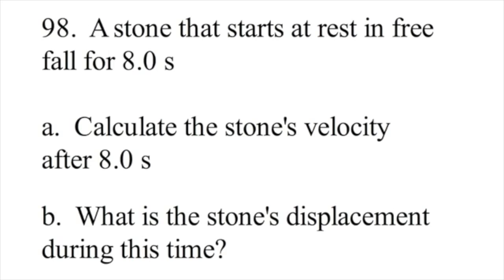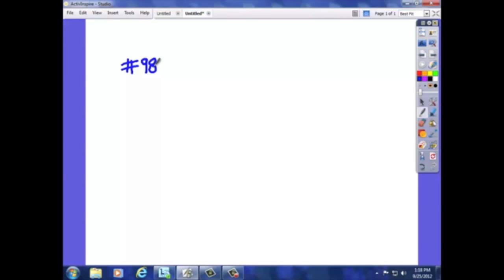Number 98 says that a stone is dropped and starts at rest in free fall for 8 seconds. So the initial velocity of the stone is 0 meters per second, and these are all in the vertical direction.